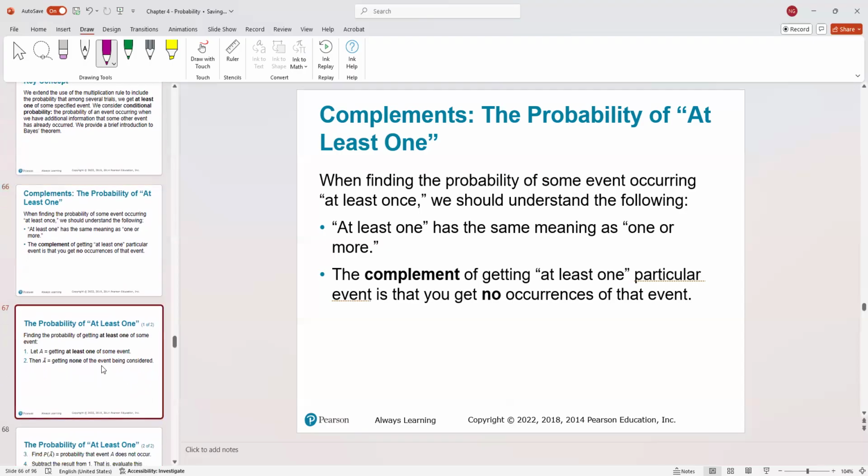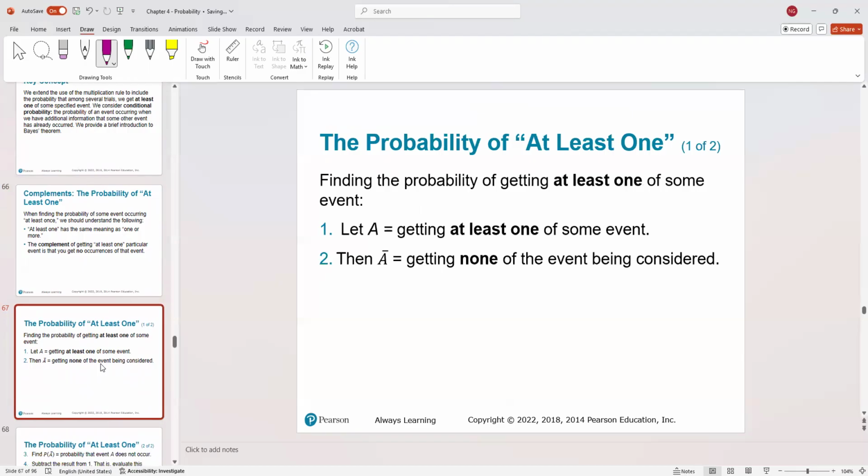So that's what we are going to explain. These steps describe the details of finding the probability of getting at least one of some event, say event A, and the probability of not A. Not A means A is not occurring, so we put a bar on top of the A to say getting none of the event being considered.